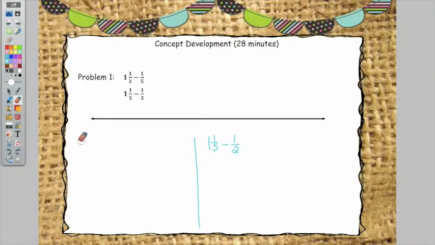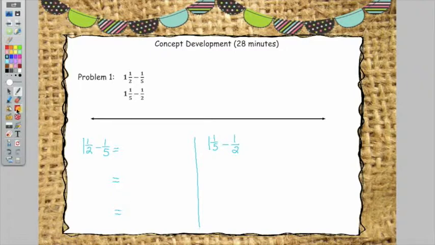And we'll just put one of them on the number line. The easiest one. Okay, so the first one is the easiest one. The reason it's the easiest is because 1/2 is larger than 1/5.